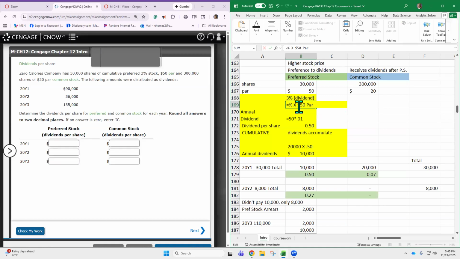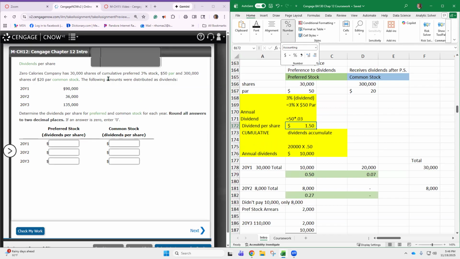We're going to take 3% times par. So we're going to take $50 times 0.03. And when we do that, we get a dividend of $1.50. Everybody with me? $1.50 is how much of a dividend that each share of stock is supposed to get.